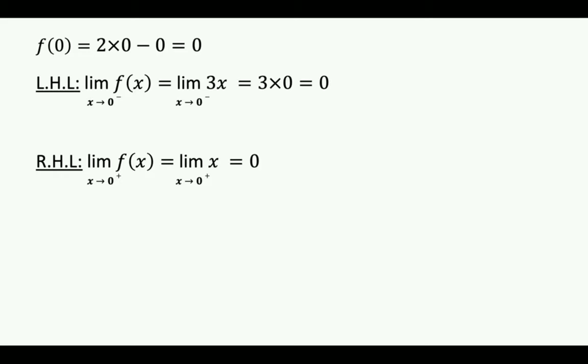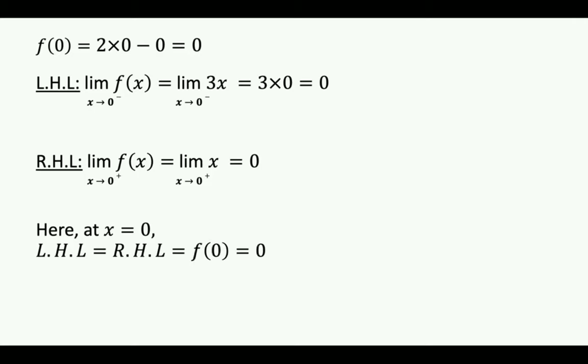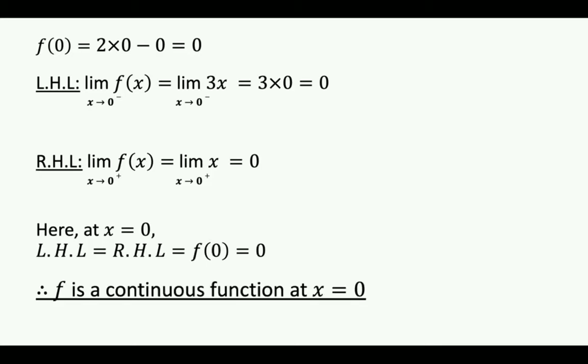Now right hand limit x tends to 0 positive, f(x) equal to limit x tends to 0 positive x equal to 0. 0 positive means greater than 0. So it is clear limit x tends to 0 negative equal to limit x tends to 0 positive equal to f(0). So f is continuous at x equal to 0.